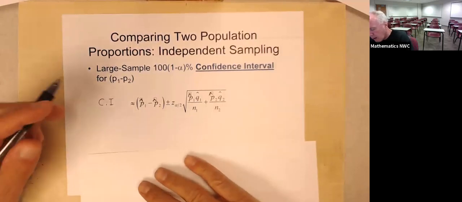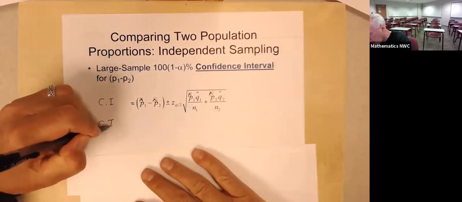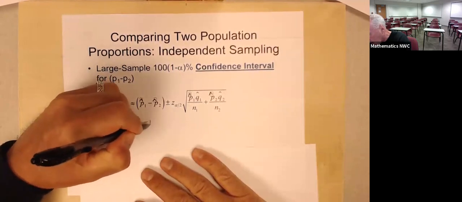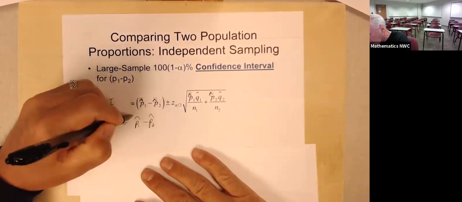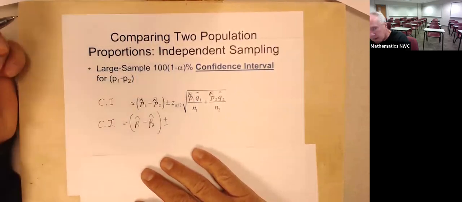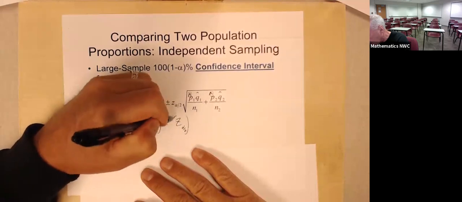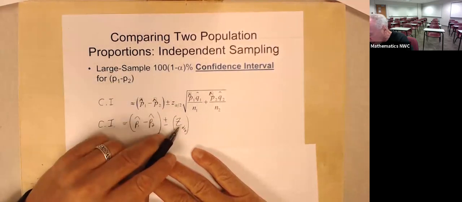And again, if you wanted to write that maybe in just a little better form, it would have been p hat 1 minus p hat 2 plus or minus your z alpha divided by 2. That means we put half of alpha in each tail.